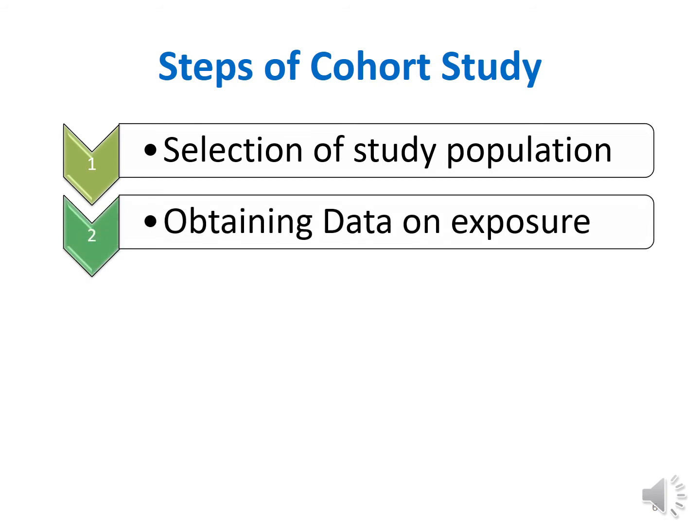Second element is collection of data on exposure. Information about exposure may be collected from cohort members through interviews or through mailed questionnaire. We can also collect information from records.